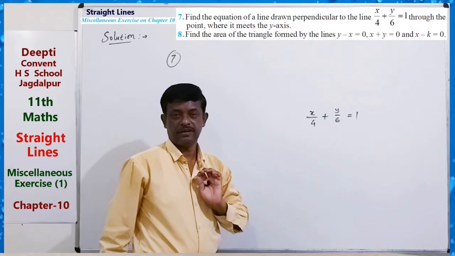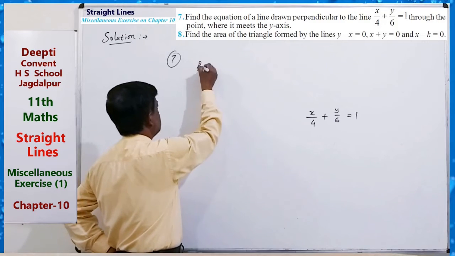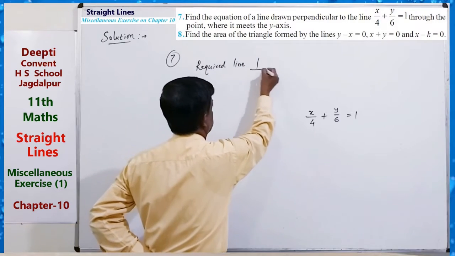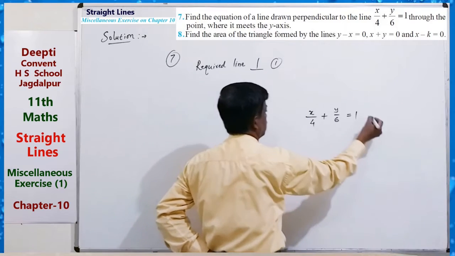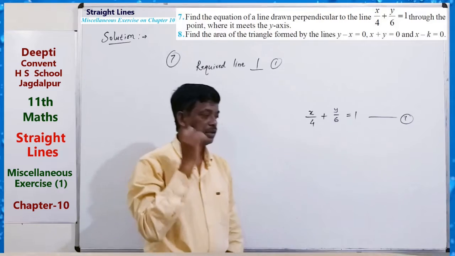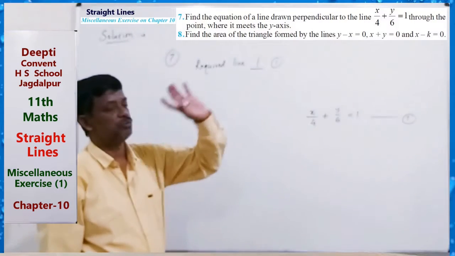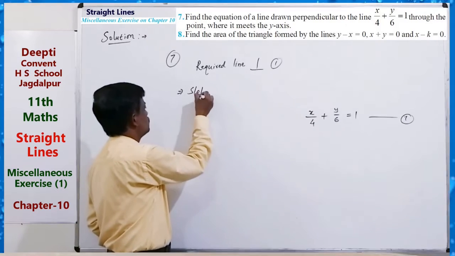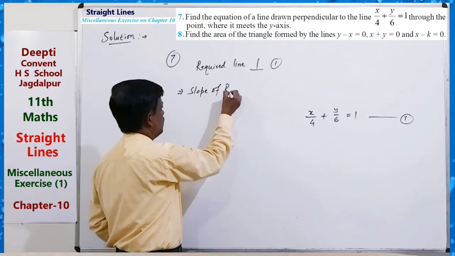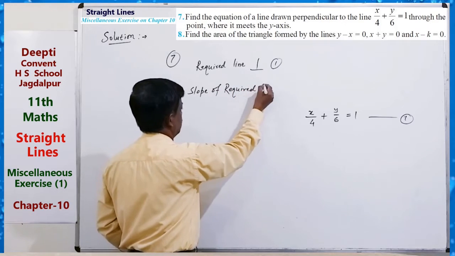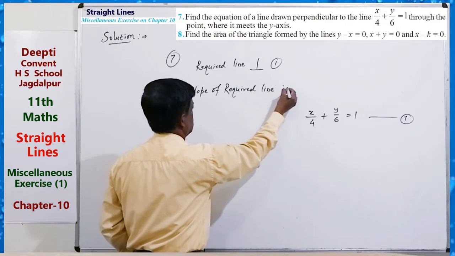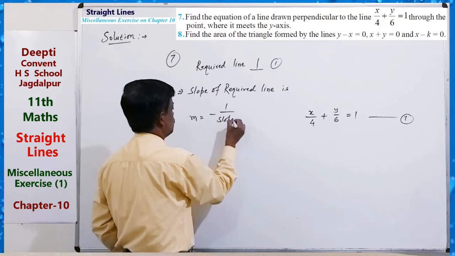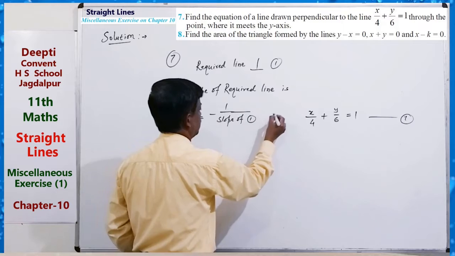The required line is perpendicular to line 1. This implies the slope of the required line is minus 1 upon the slope of line 1.